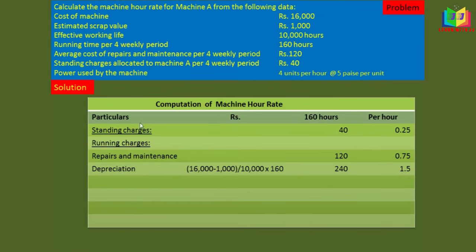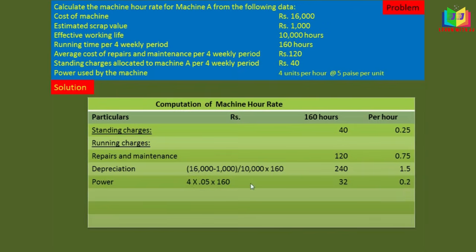The next one is power. Power is given as 4 units per hour at 5 paise per unit. So 4 into 5 gives you per hour 20 paise.